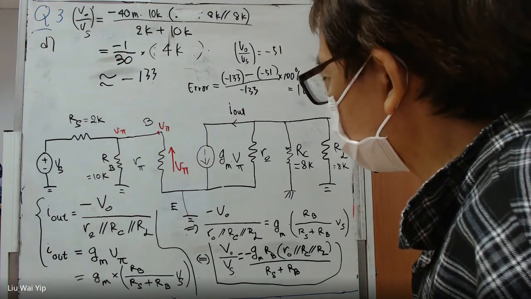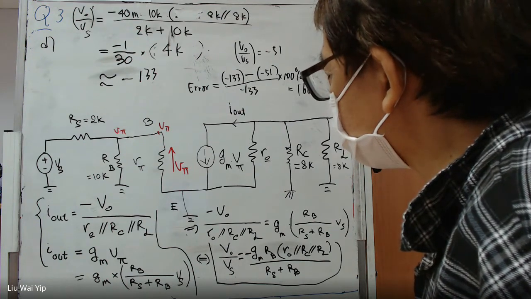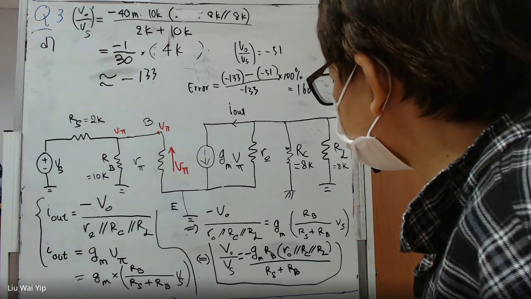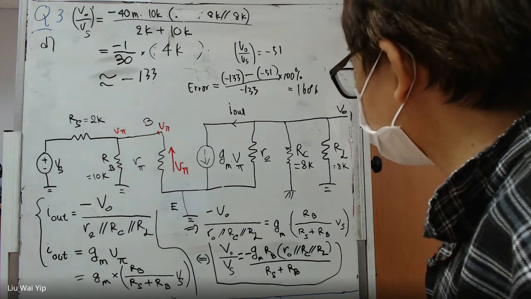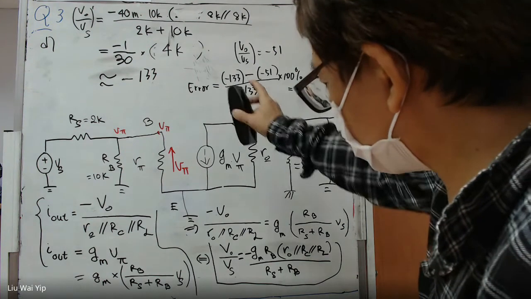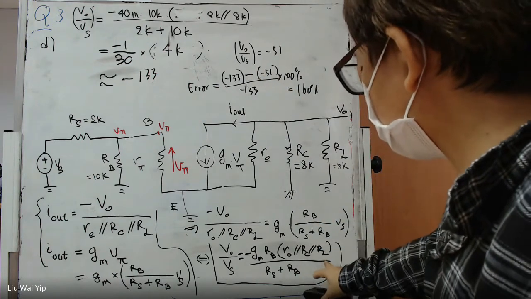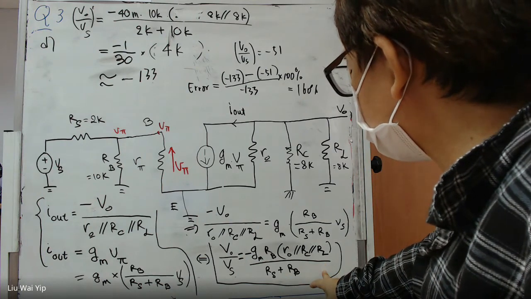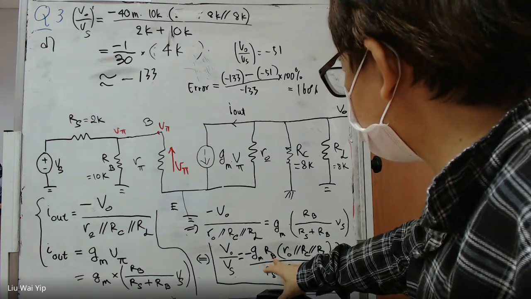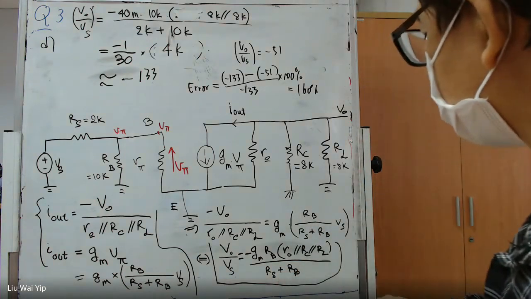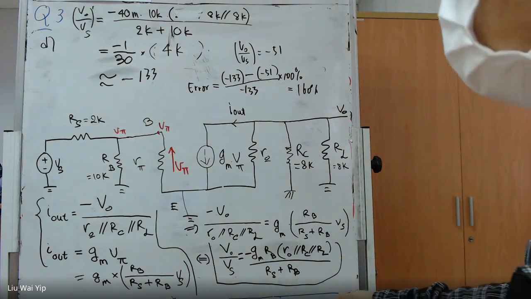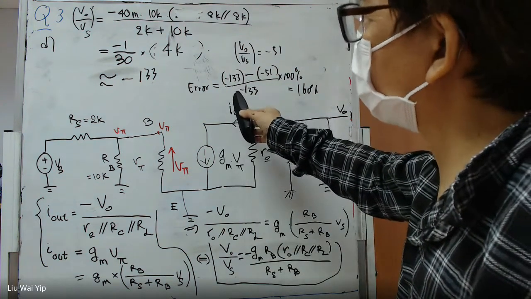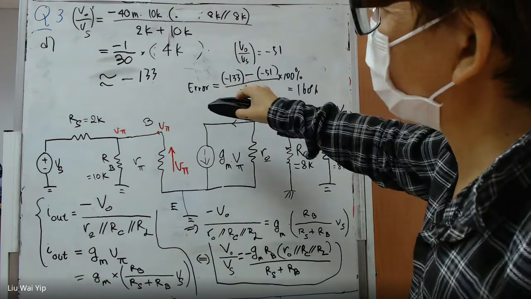Let's check if there's anything wrong here. No, I don't see anything wrong here. I know the answer for one question is not correct. This is the one. Yeah, I think it's okay. This is the right way. Without the early effect, the answer will not be that simple.